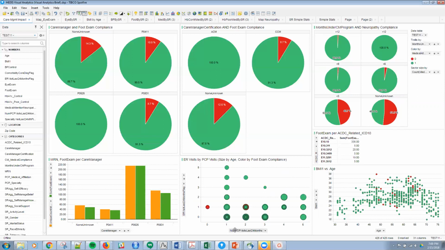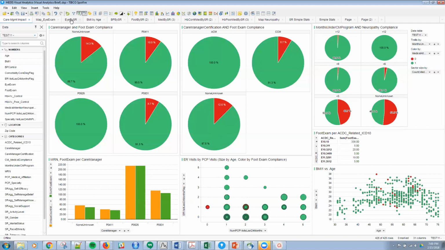A last one that might be interesting is you can visualize the number of primary care visits over the last 24 months and how that impacts compliance for foot exams. Here I'm looking at foot exams, and I can see that this group here, that they've had no primary care visits within the last 24 months.